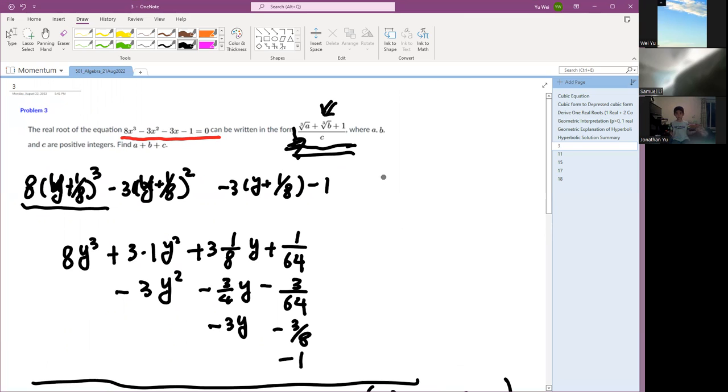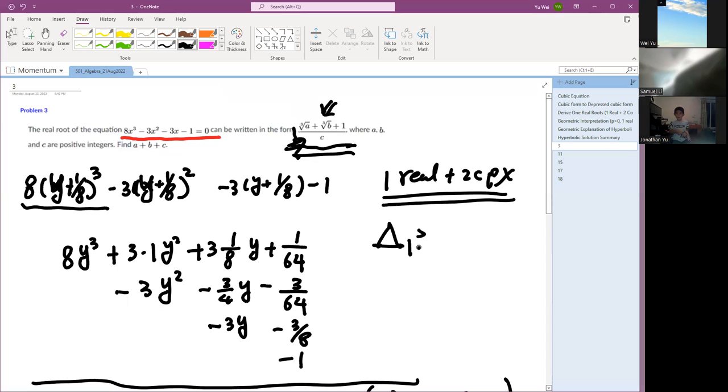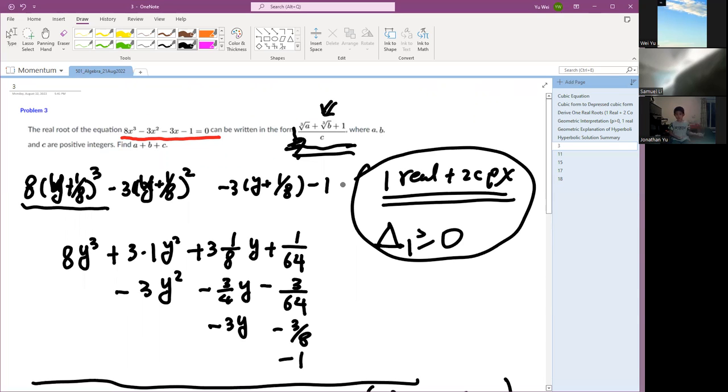This one must have one real plus 2 complex roots. What's the reason? This is, I will always highlight again and again, this is so important, more than the solution itself. Is this very neat?